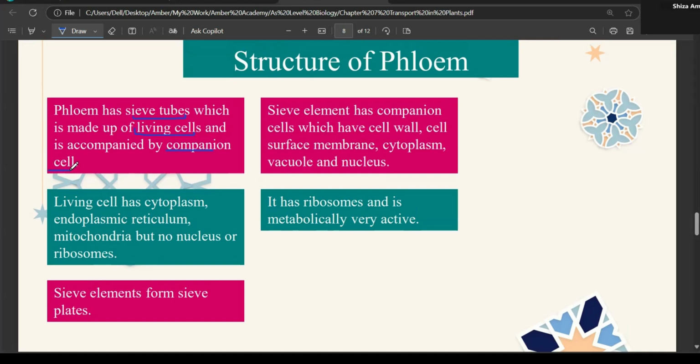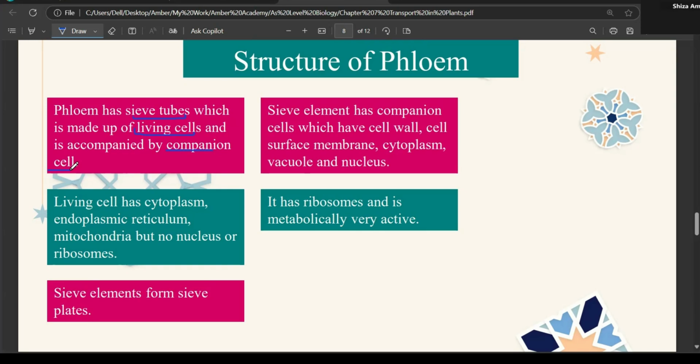Now when I'm talking about the structure of phloem, you need to be mindful about the structure of xylem as well. Because at times in your paper, a question is given where you have to describe the differences between xylem and phloem. So the lines that I'm underlining are the most important differences. Phloem has sieve tubes, number one, and xylem does not have sieve tubes.